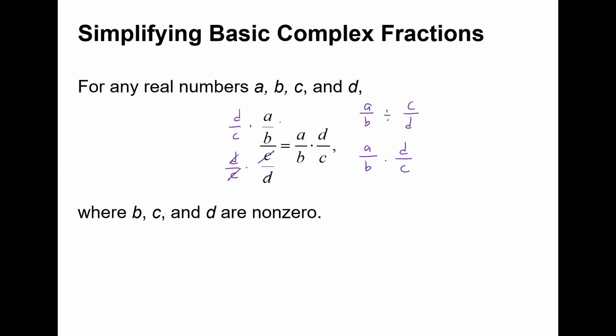Whether we do it like this or go directly to this, we always end up with a over b times d over c, no matter which direction we went. The key is that b, c, and d all have to be non-zero, because they're going to be in the denominator at some point.